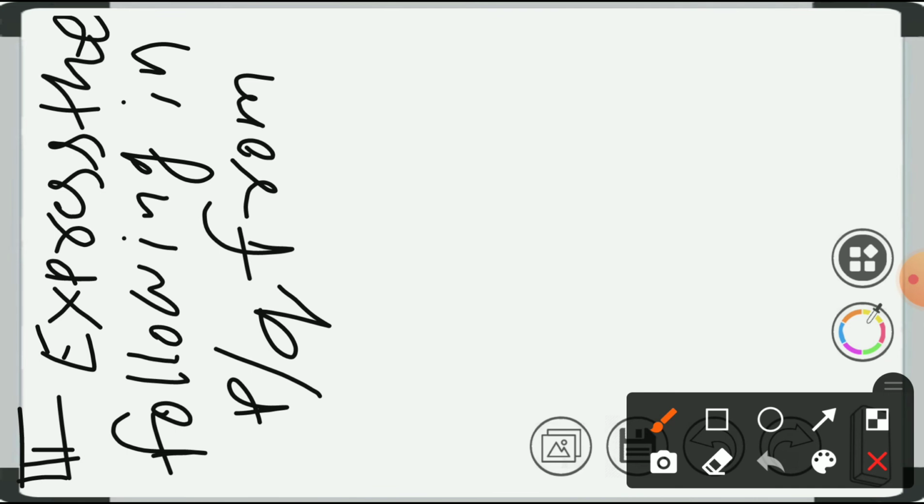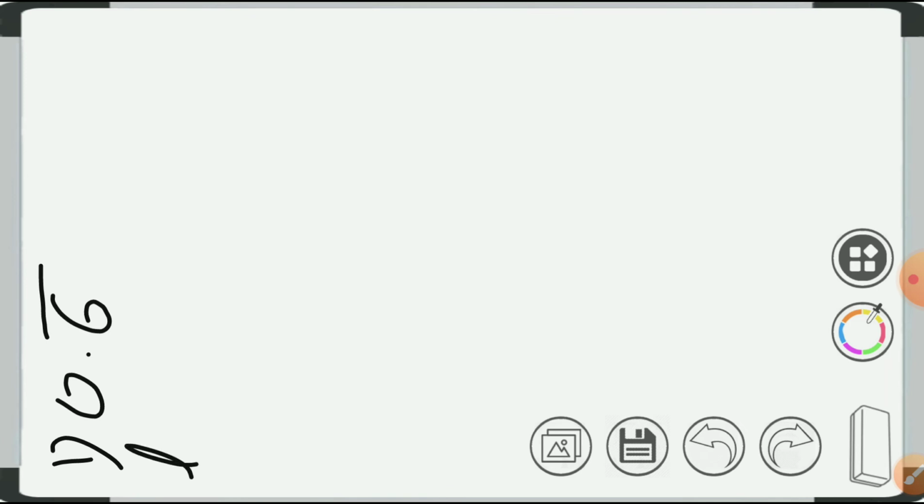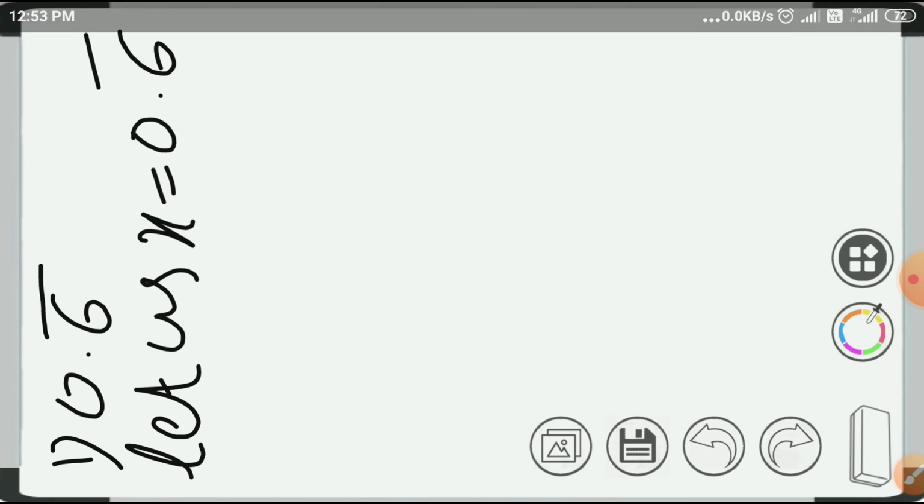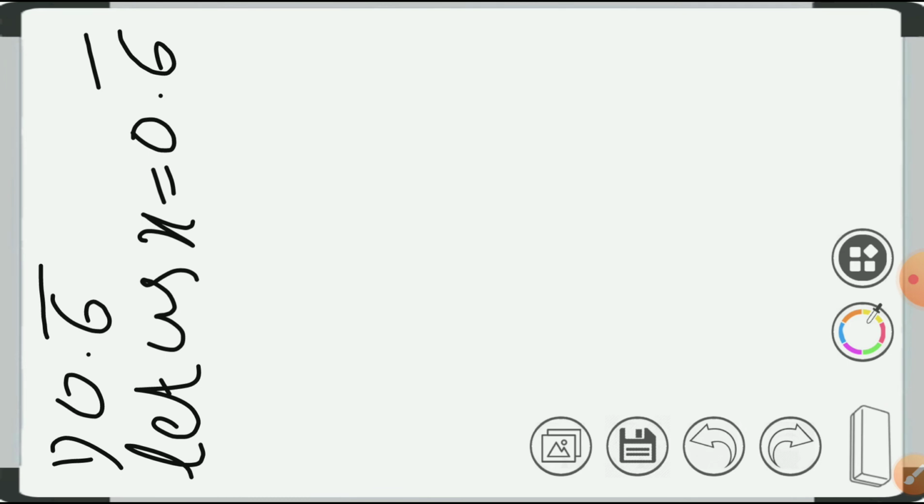Now first question, 0.6 bar. It is in decimal form. Okay, first you think, let x equal to 0.6 bar.